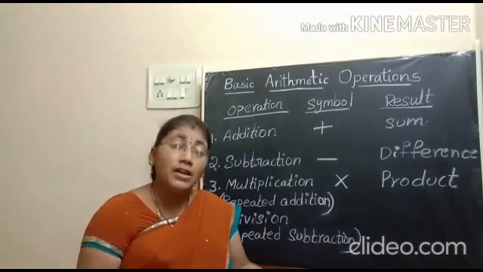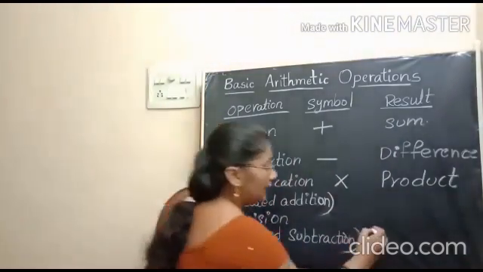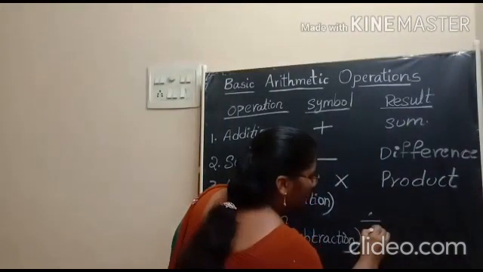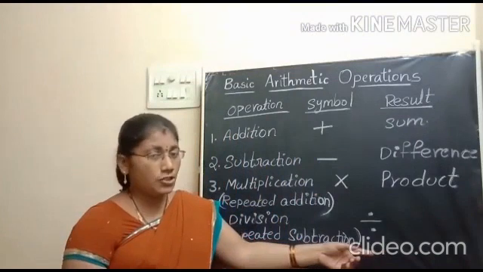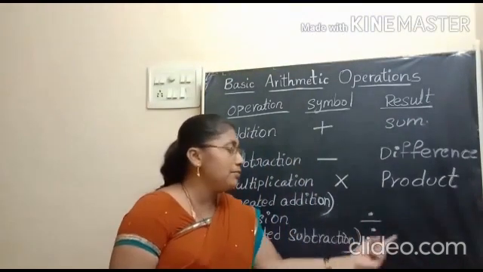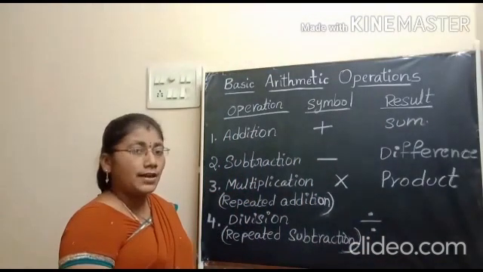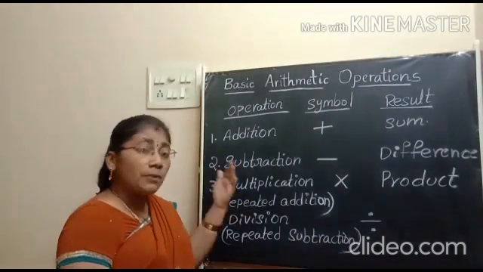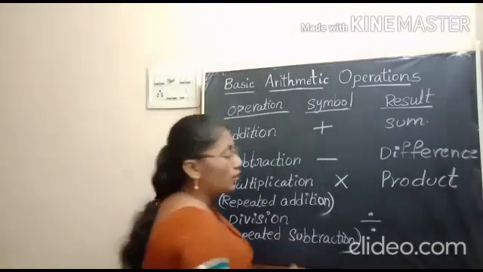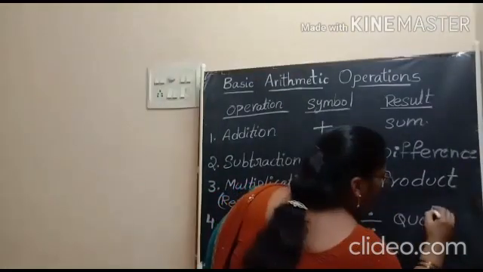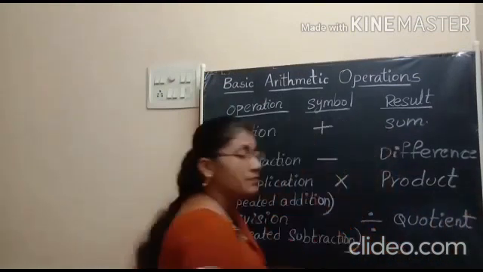And the symbol used to represent division is divided by. Understood children? After completion of division, we get a result. That result is called quotient. Understood children?